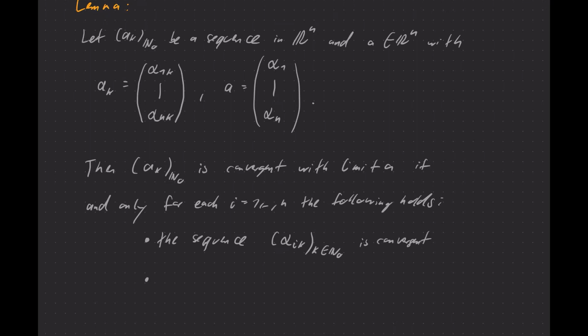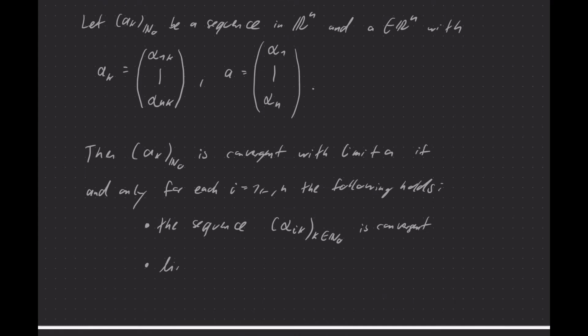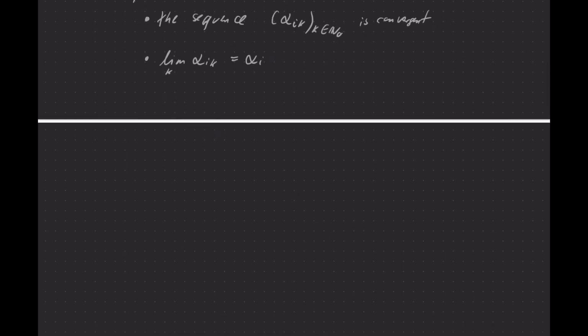And second, the limit must be correct. So the limit of this alpha_ik sequence over k is alpha_i. Okay, or in simpler words, a vector valued sequence converges if and only if each coordinate sequence converges as a sequence in R.